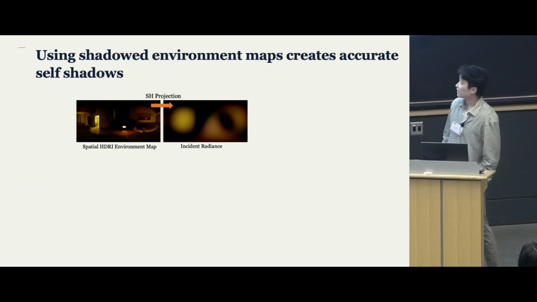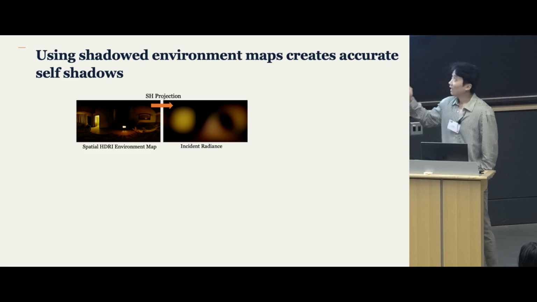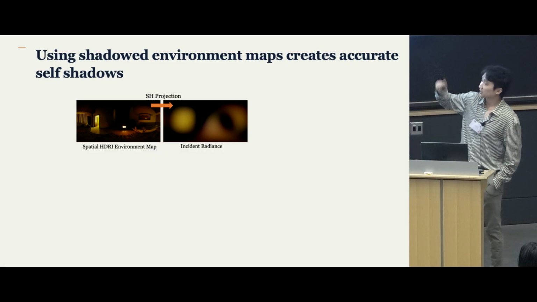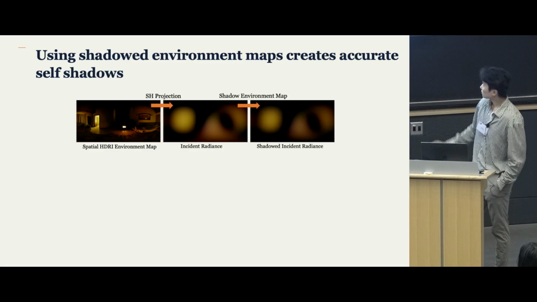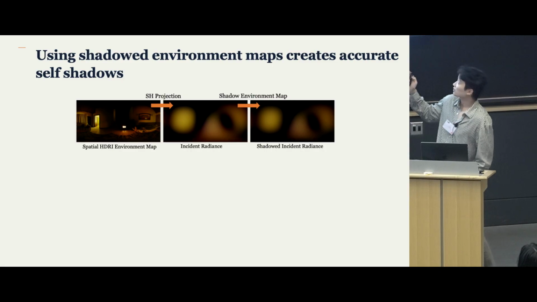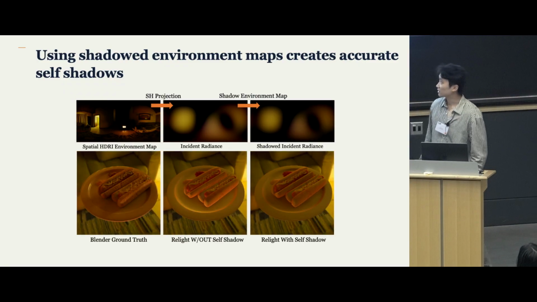So here's the visualization of what's happening. Given this HDRI environment map, we first do SH projection. As you can see, it's sort of a smeared out low frequency representation of the original environment map. And after the Gaunt tensor, it uses the visibility term to shadow the environment map. And here's the visualization.